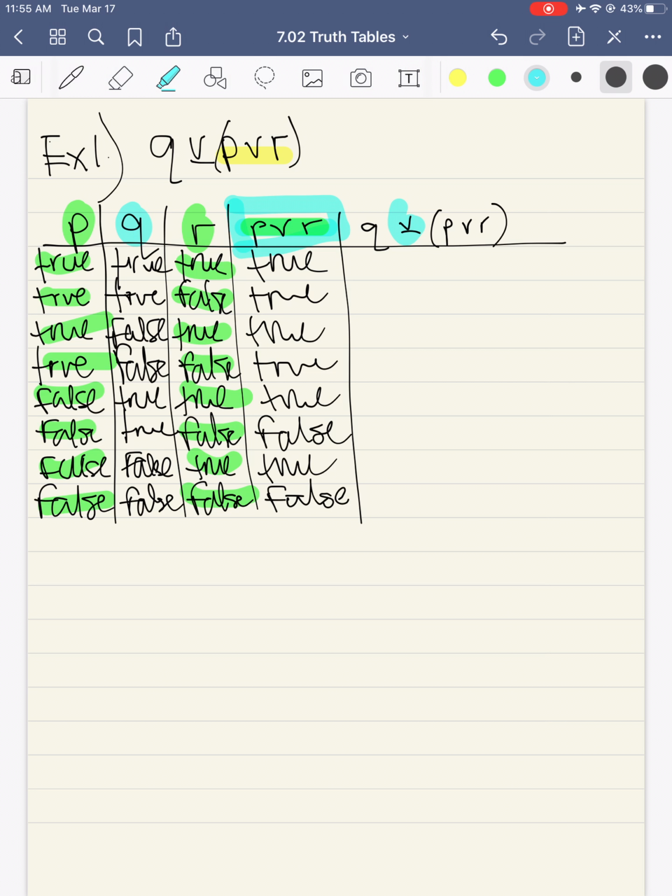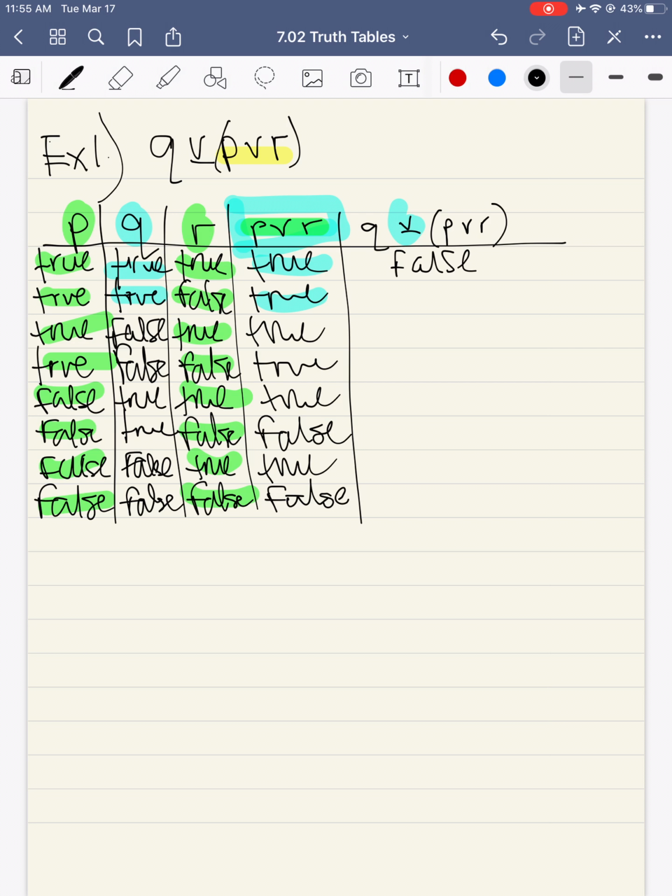And I know that exclusive or is true when we have at least one true, but not more than that. So I can't have 2 trues, I can only have 1 true. So looking at this here, if I have true, exclusive or true, then that is a false statement because I can't have both.